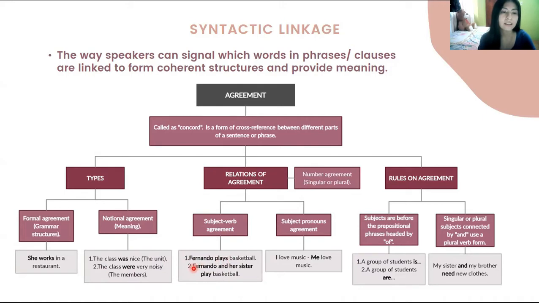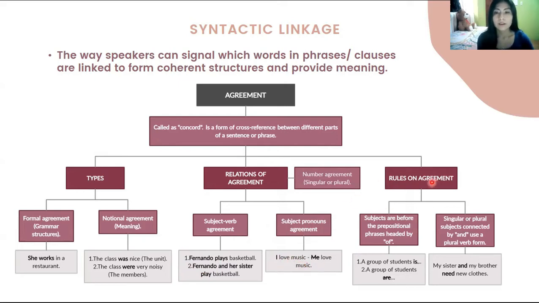But in the second example, we have two people, so we use the verb without an s. And in subject pronoun agreement, we use the pronoun I instead of me, because it's not coherent to use me in this case.